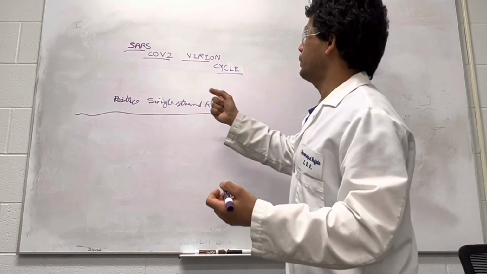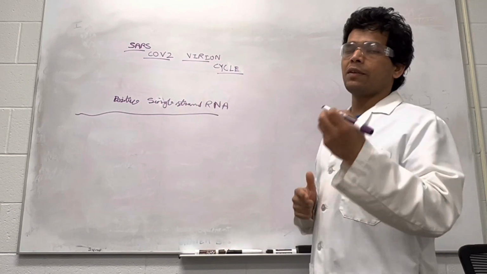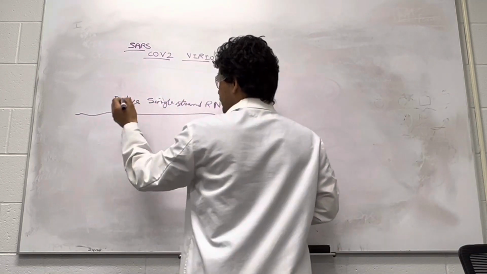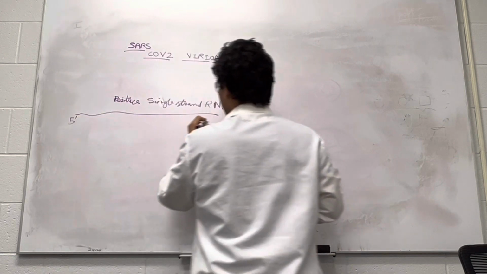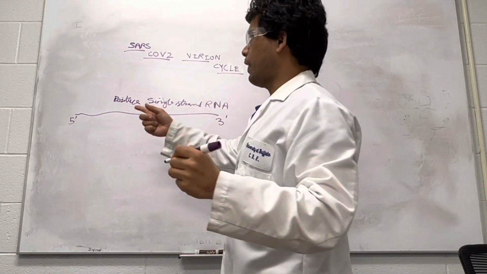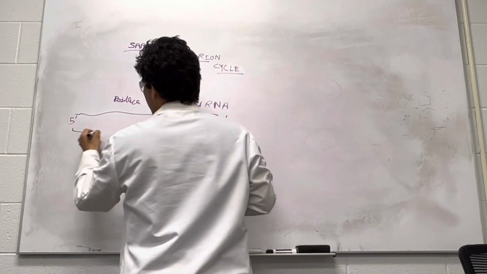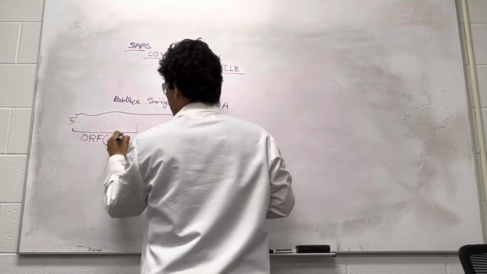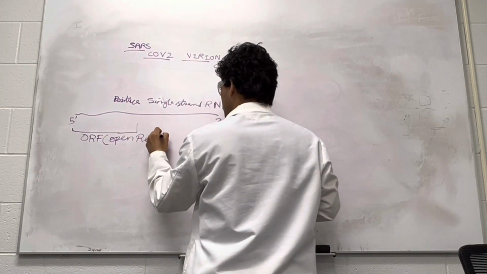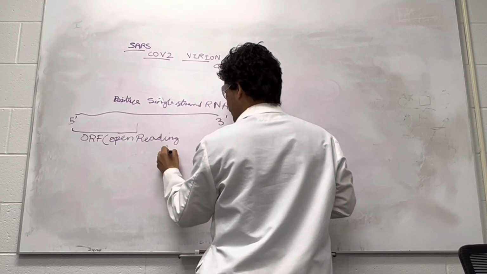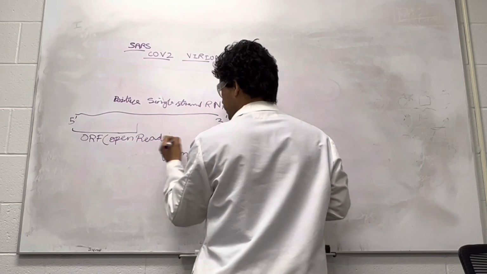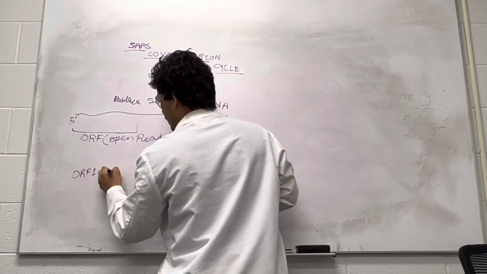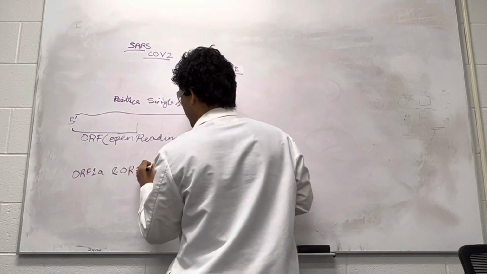So in the case of SARS-CoV-2, it's a positive single strand RNA, so it is easier for the cell machinery to translate it. And every RNA has a 5' and 3' end. In the 5' end, it has two main open reading frames: open reading frame 1A and open reading frame 1B.